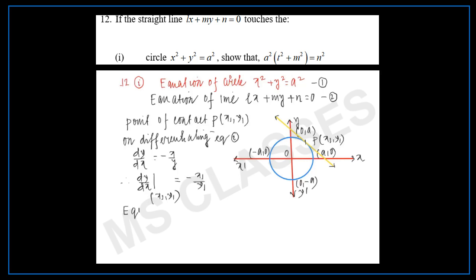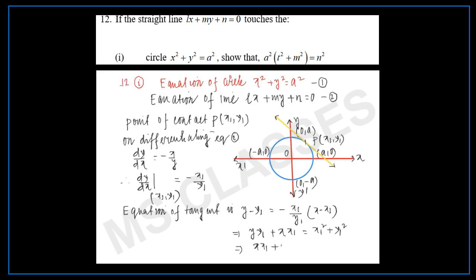Equation of tangent is y minus y1 equal to slope into x minus x1. Now, which on further simplification gives x1 square plus y1 square. Now, since this is a point of contact, it must satisfy the equation of the circle. So we write the equation of tangent as xx1 plus yy1 equal to a square.